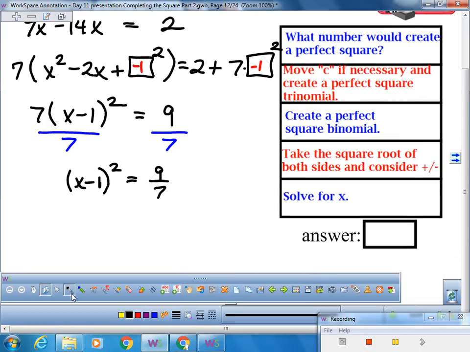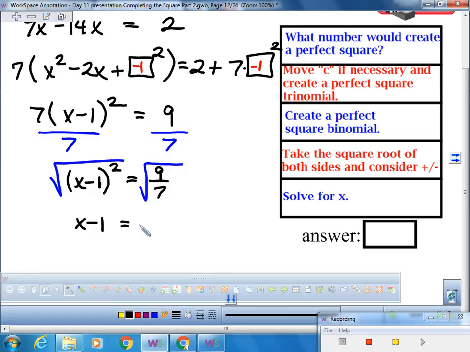Now I'm going to take the square root of both sides. And I would be left with x minus 1 equals plus or minus 3 over root 7. Right? And now I still got to put the 1 on the other side. X equals 1 plus or minus 3 over root 7.